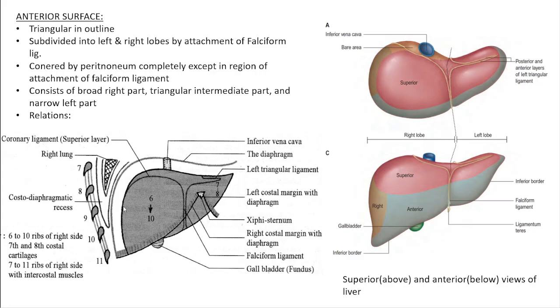Now we divide the right lateral surface into upper 1/3, middle 1/3 and lower 1/3. The upper 1/3 is in relation to the 7th and 8th ribs, the middle 1/3 is in relation to the 9th and 10th ribs, and the lower 1/3 is in relation to the 11th rib. The whole of it is in relation to the diaphragm.